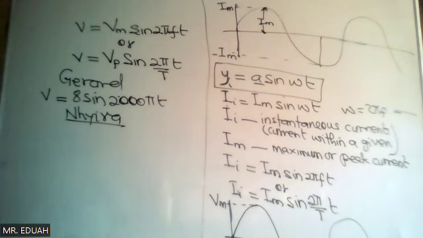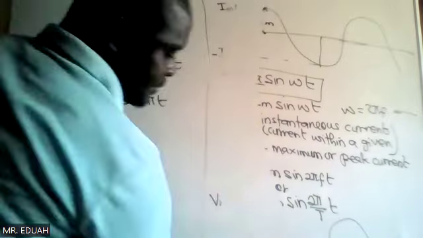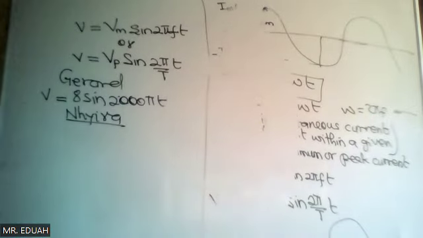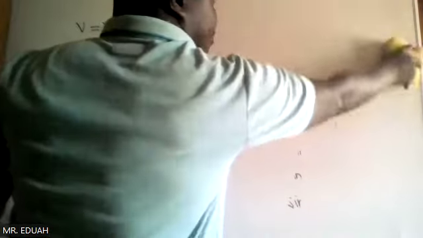Now, the instrument measures the effective current and voltage. So if I use an ammeter, if I use a voltmeter, what I measure is the effective voltage or current.